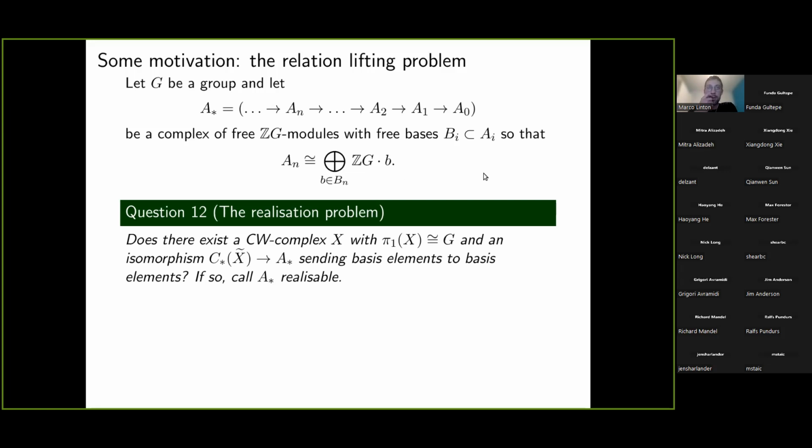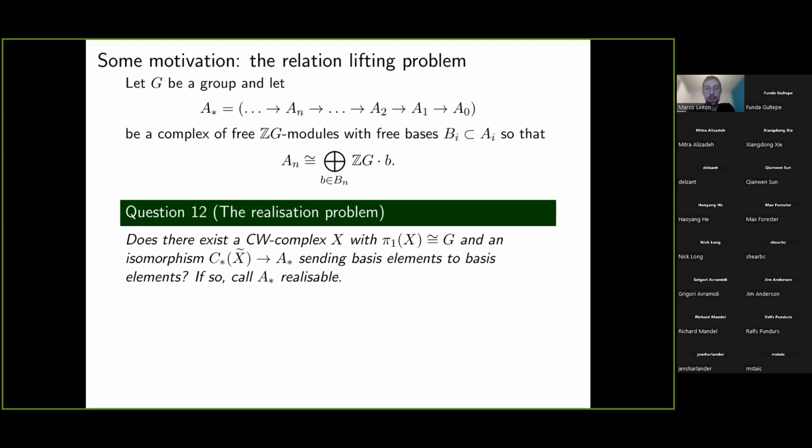Then the realization problem asks: when does this chain complex actually come from the chain complex of the universal cover of a CW complex? And when do the basis elements correspond to cells in the universal cover? If this A star does come from a CW complex, then we call it realizable.